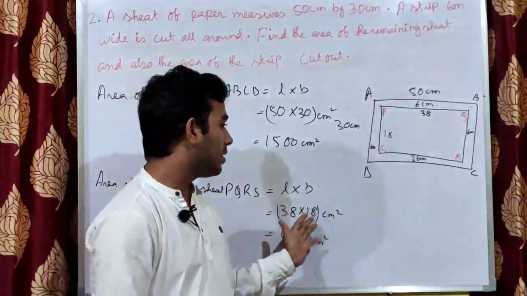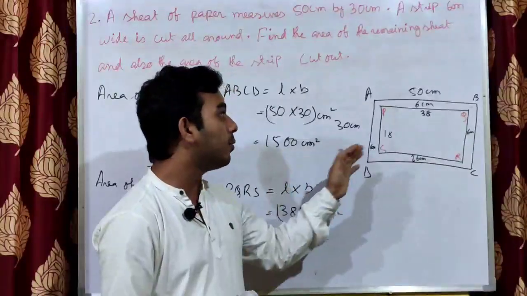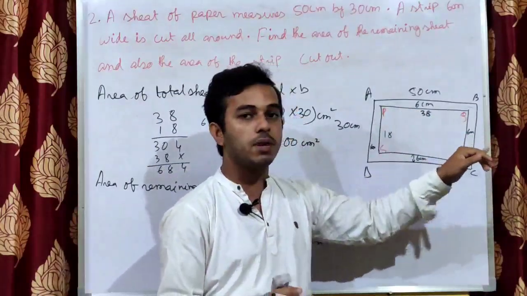Now if we subtract 684 from 1500, we will get the area of the strip cut out.